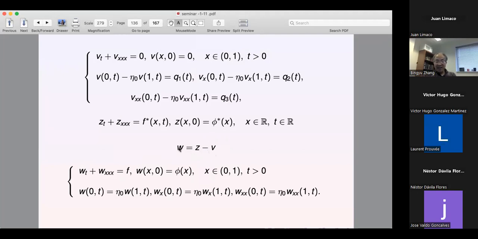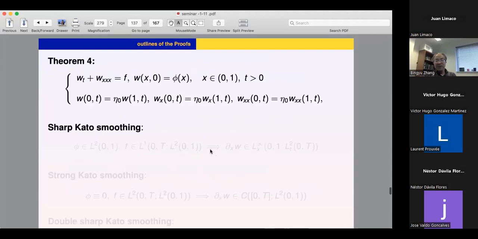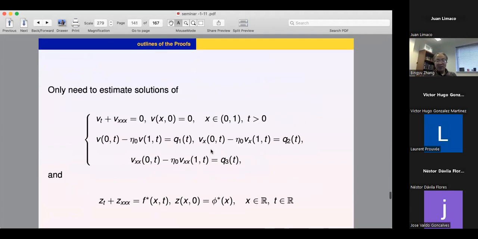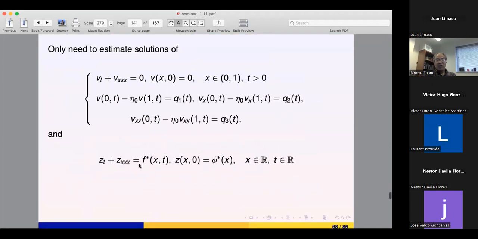Instead of studying w, we just study z and v. So to prove this one for w, because of this link, we only need to estimate the solution v and the solution z. But this one is the whole line problem, and this one is the non-homogeneous boundary value problem. You'll find a link.